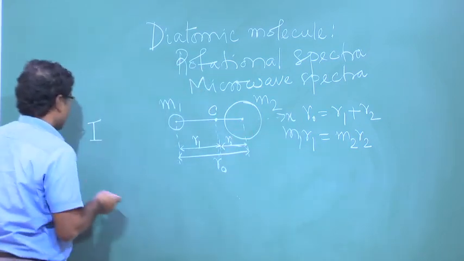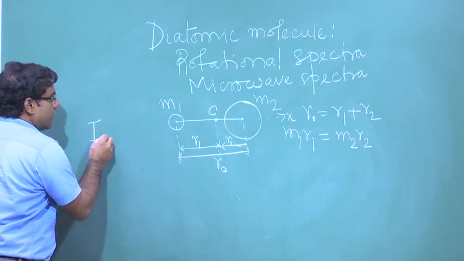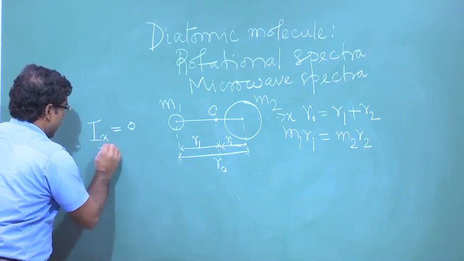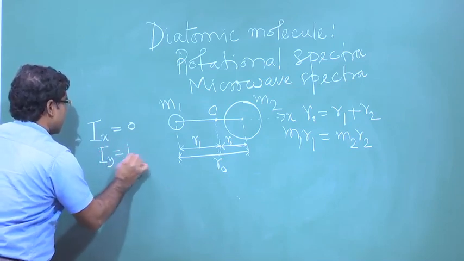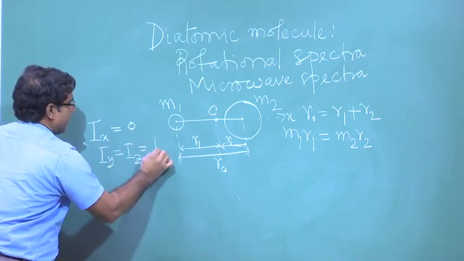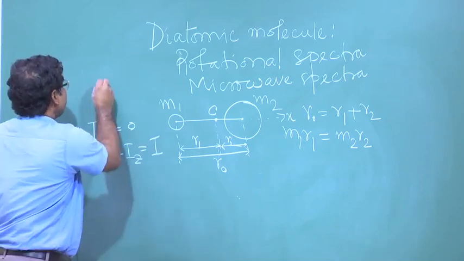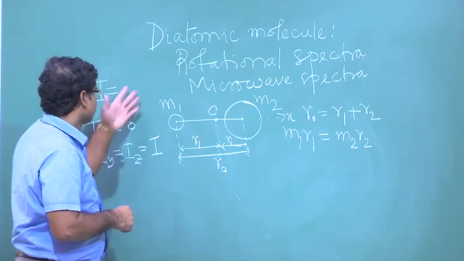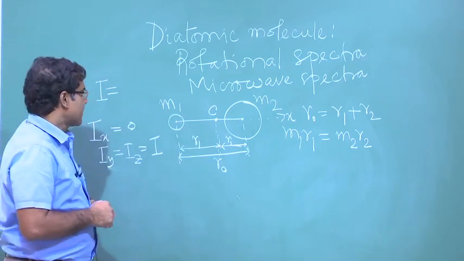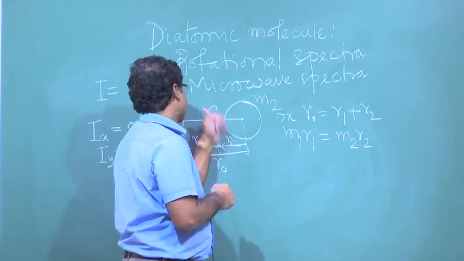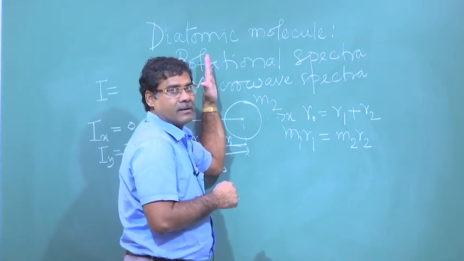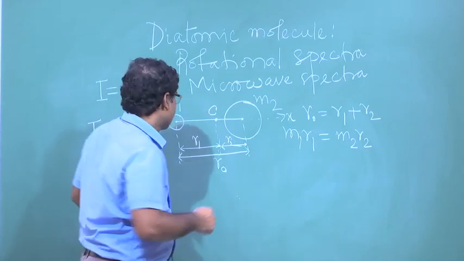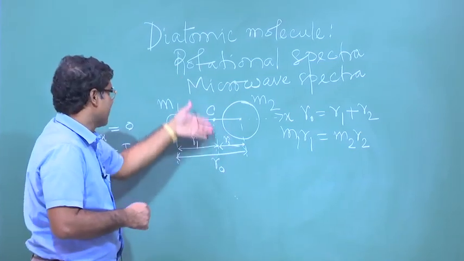So, basically Ix equals 0 and Iy equals Iz, which I have written as I. So, I is the moment of inertia with respect to the y axis or z axis, which is perpendicular to this.